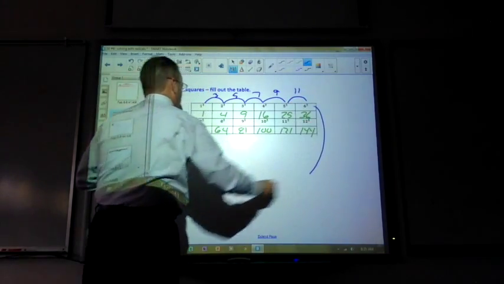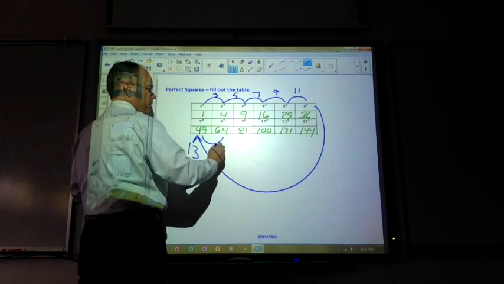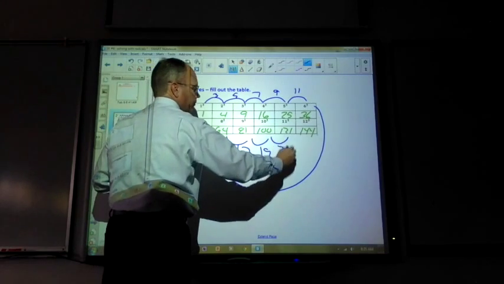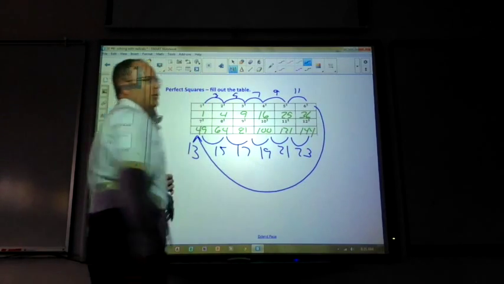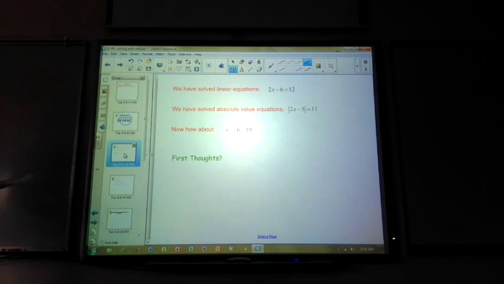From 36 to 49? 13. 15. 17. 19. 21. 23. So perfect squares have a pattern of odd numbers as the differences between them. Kind of just a little bit of useless trivia, but we'll go with it.